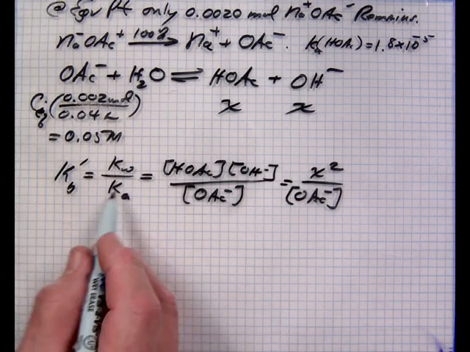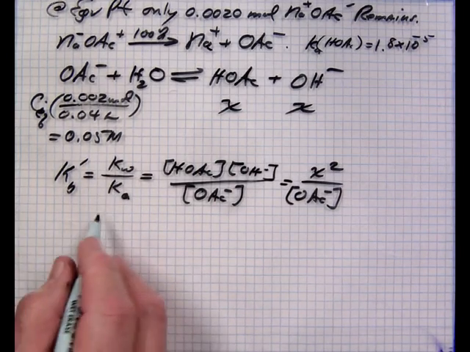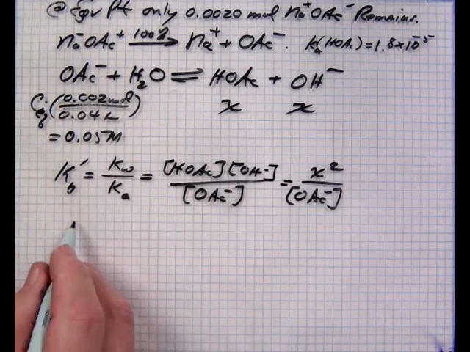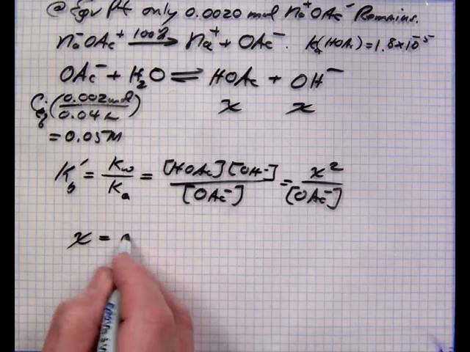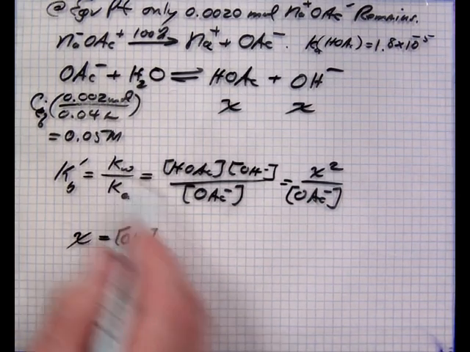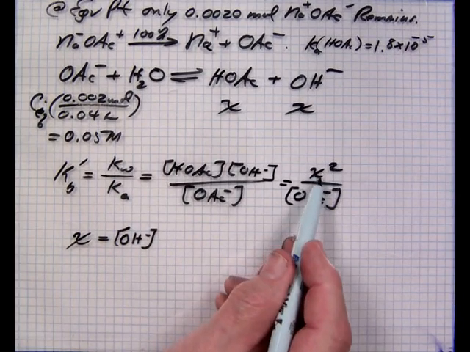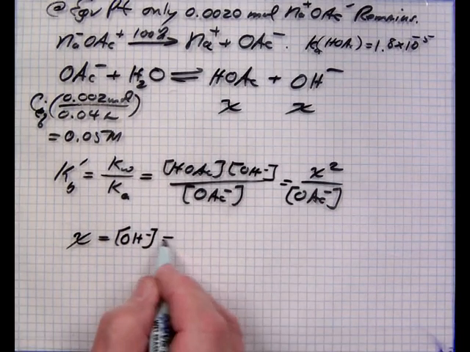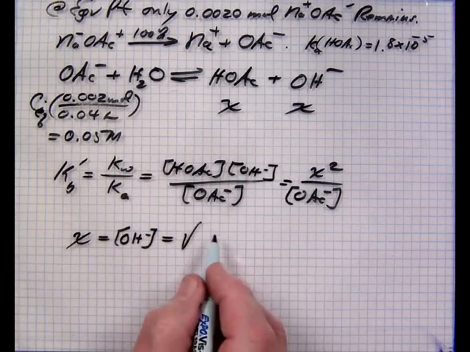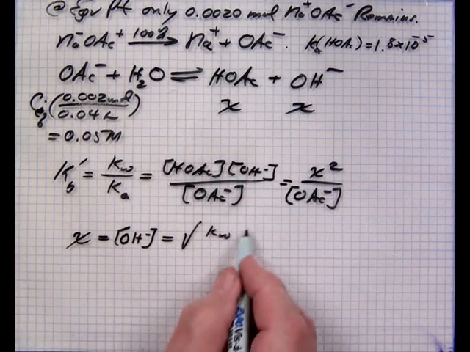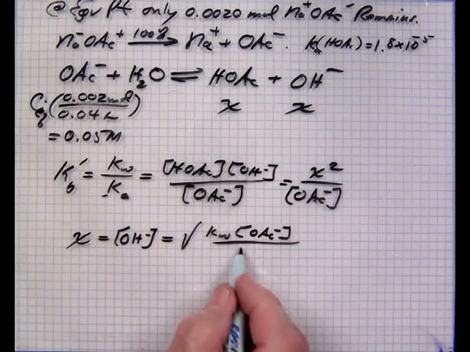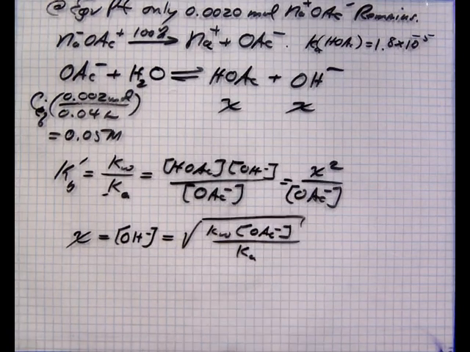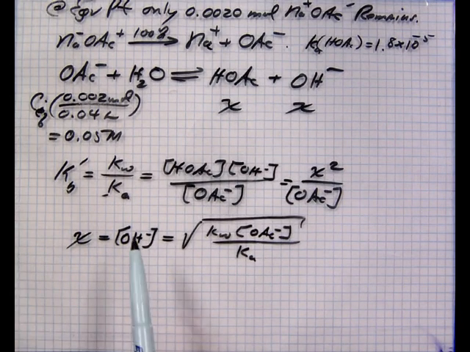Now we substitute into this Kw over Ka, or let's just solve for X. X is equal to the hydroxide ion concentration. So solving for X right here is equal to the square root of Kw times the concentration of salt, or acetate ion, over Ka.